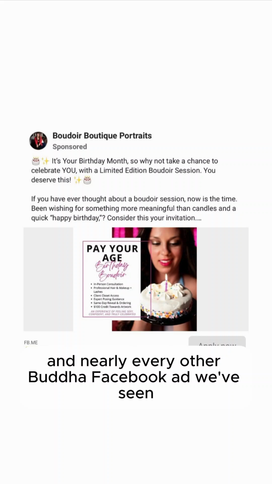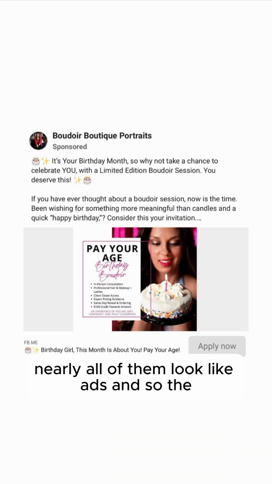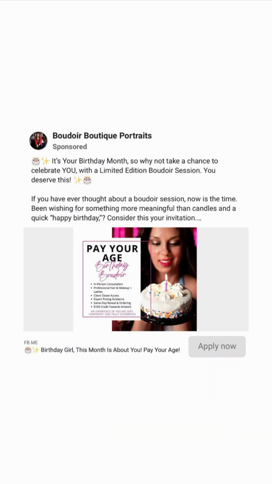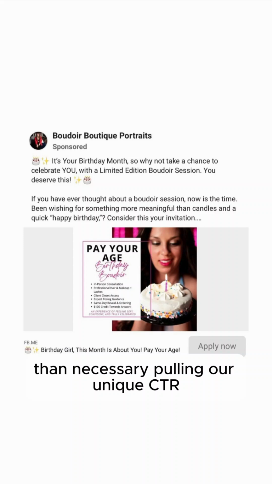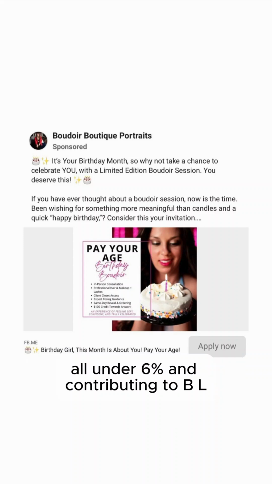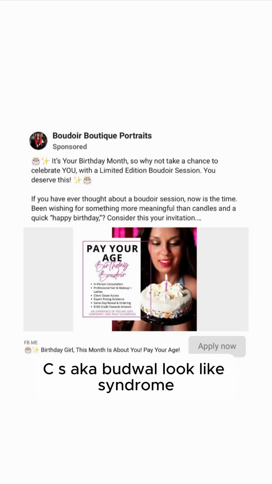And nearly every other Boudoir Facebook ad we've seen looks like an ad. The consequence of this, when we make ourselves look like ads, is way more women scroll by our ad than necessary, pulling our unique CTR under 6%, and contributing to BLCS, aka Boudoir low click syndrome.